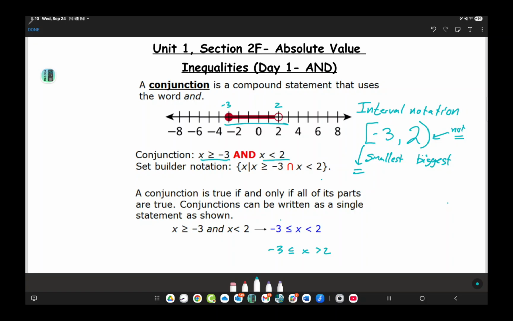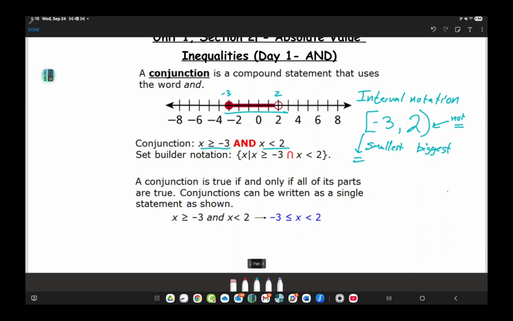Not possible. It'll always be those two symbols, because what this says is x is greater than -3 but less than 2. These are always going to use less than symbols at the end. You do not have to worry about that though at all. You do not have to write it like this. We are going to use interval notation.